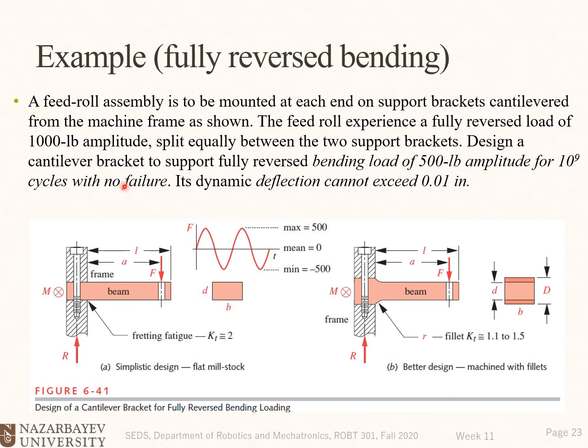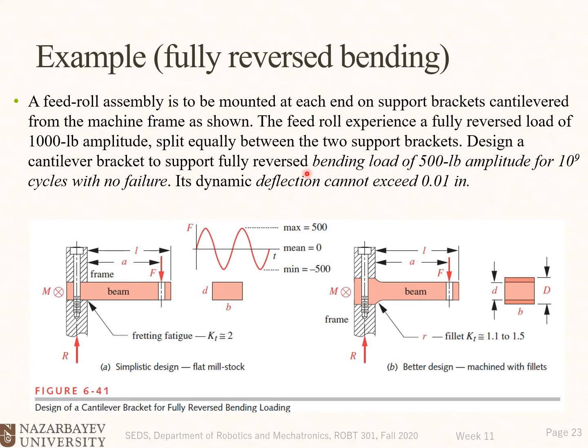Design a cantilever bracket to support a fully reversed bending load of 500 amplitude for 10 to the power of 9 cycles with no failure. So 10 to the power of 9 cycles basically means 1,000 million cycles.